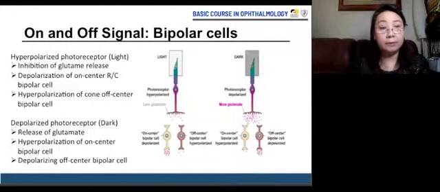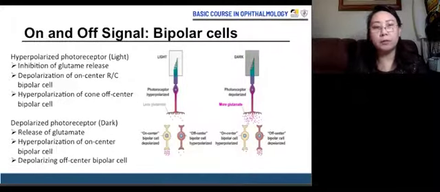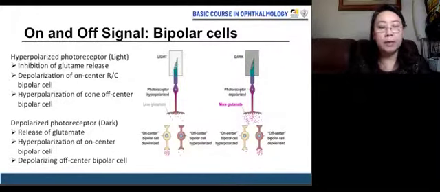On the other hand, when the photoreceptor is depolarized in the dark, glutamate is released, causing hyperpolarization of the on-center bipolar cell and depolarization of the off-center bipolar cell. In essence, this characteristic of the bipolar cell also allows one population of bipolar cells to get excited by light and another gets inhibited by it, even though all the photoreceptors show the same response to light.